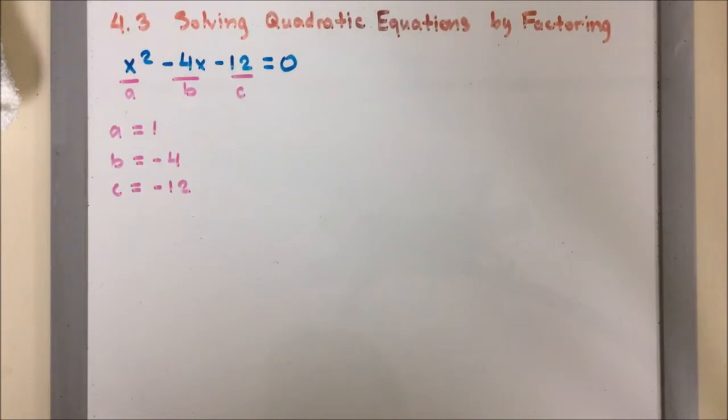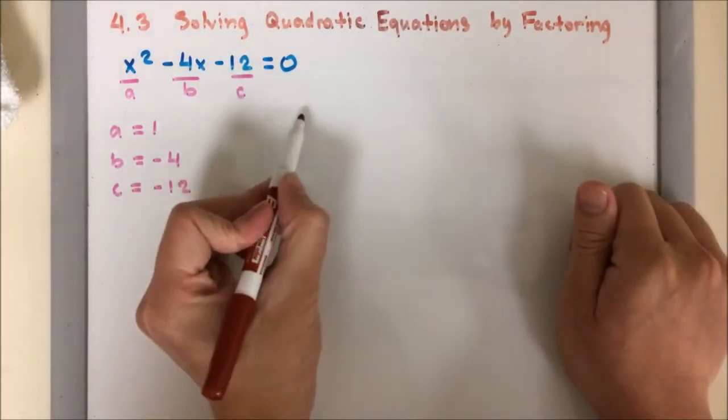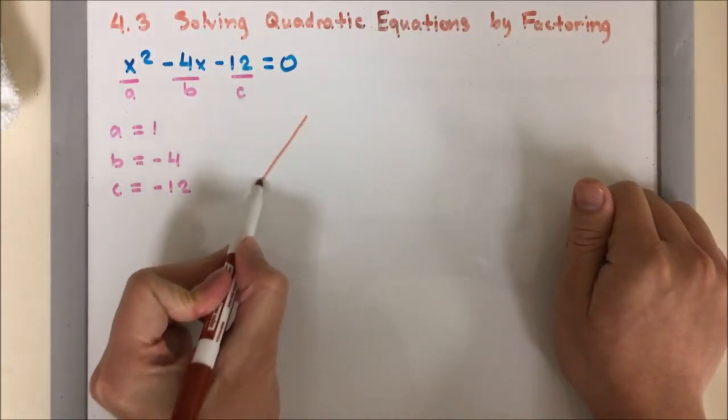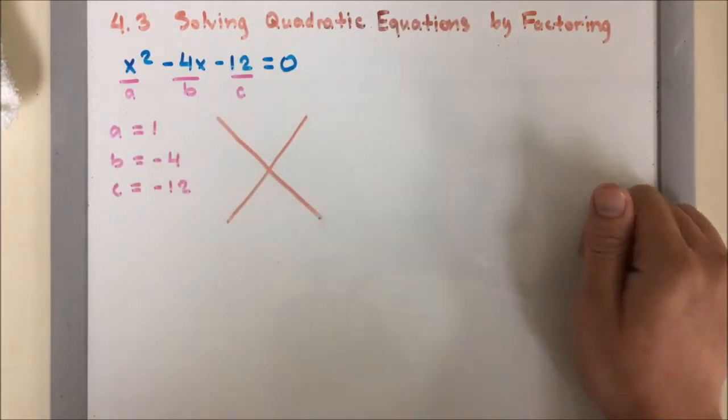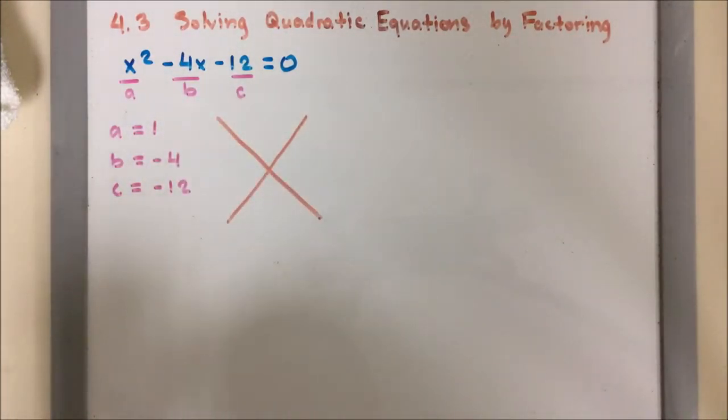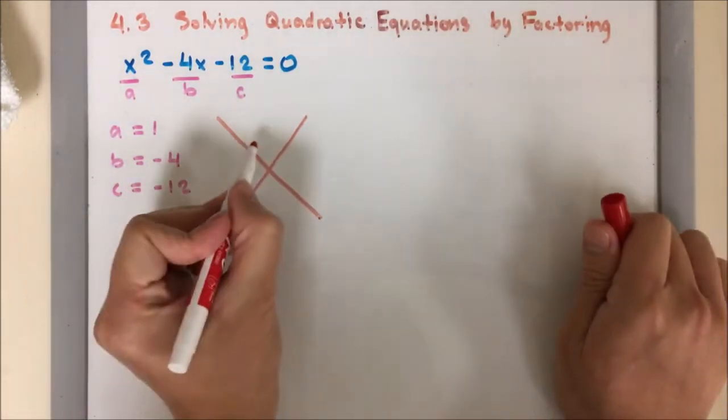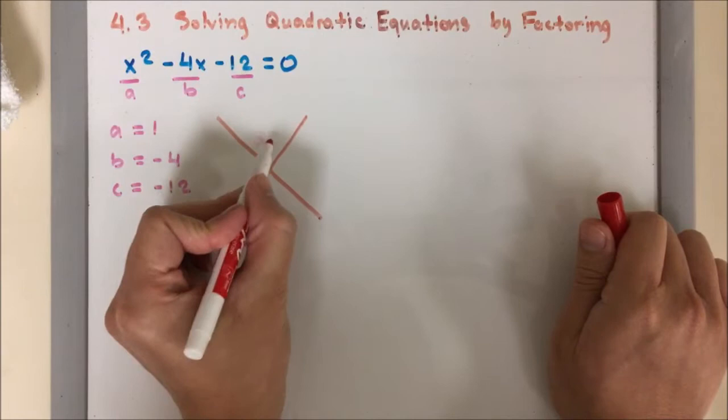After you identify ABC, what we're going to do here is set up the x table or x chart like this.